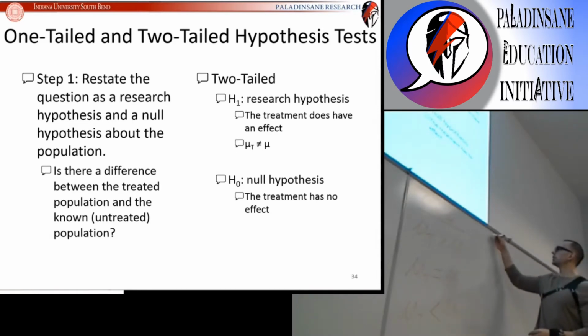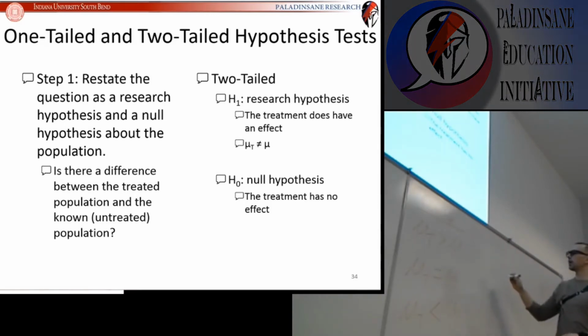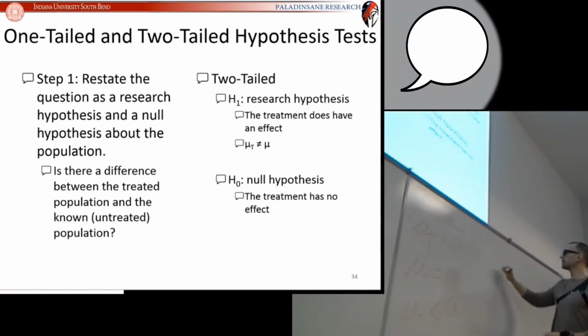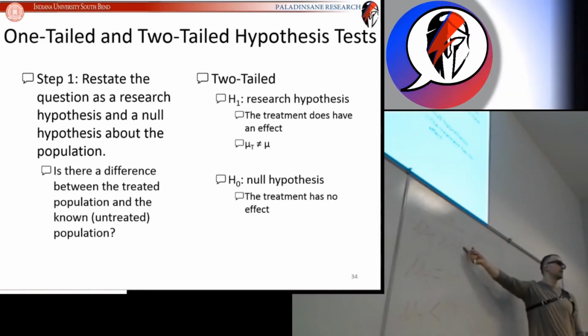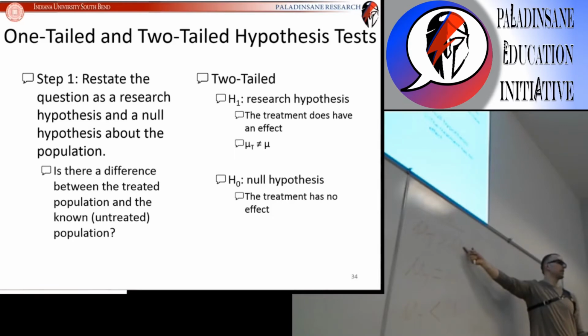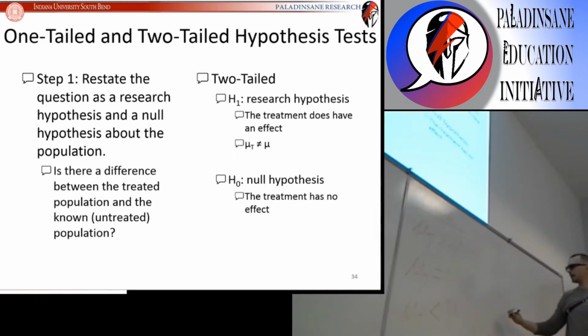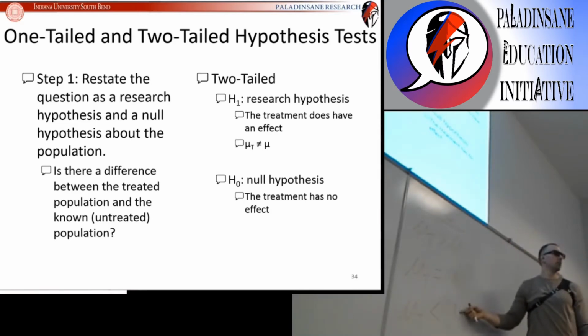So when we're doing a two-tailed hypothesis, your research hypothesis covers the possibility that your treatment causes an increase, because that will make the populations not equal each other. And it covers the possibility that your treatment causes a decrease, because that would cause your populations not to equal each other. So that one hypothesis covers these two possibilities.